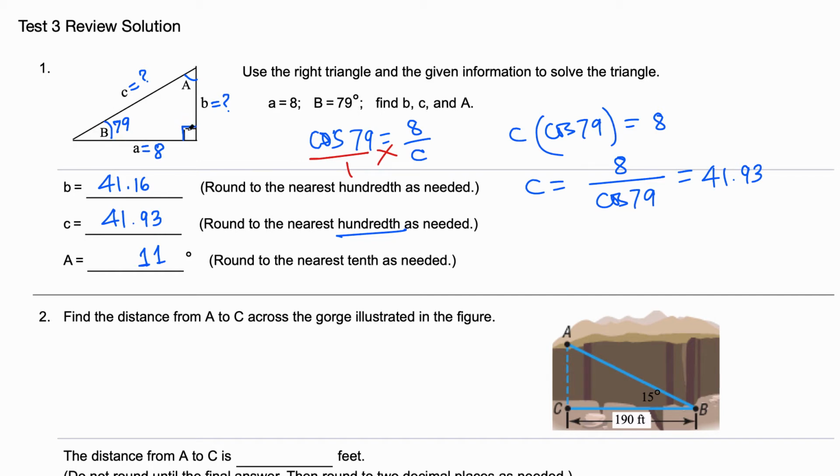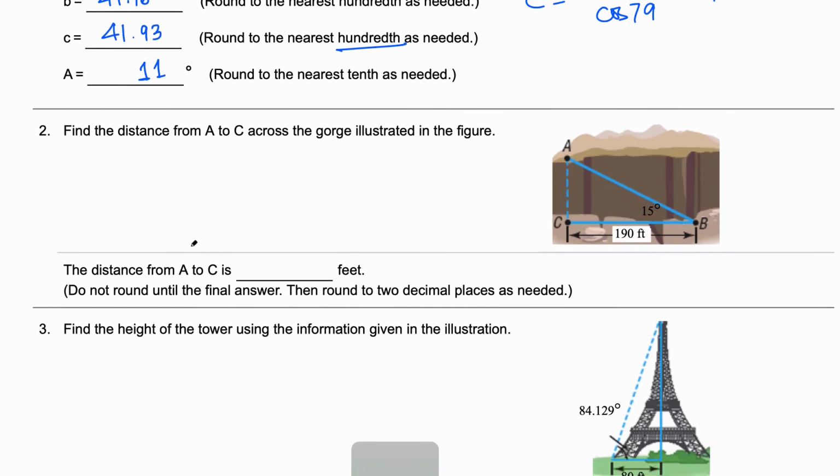Here is 90, so the side c should be the longest. Yes, 41.93. And this is 79, pretty close to 90, and b is 41.16, makes sense. And A is the smallest angle, which is 11 in this case, so the opposite side is the smallest, which is 8. Okay, and now let's move to the next question.